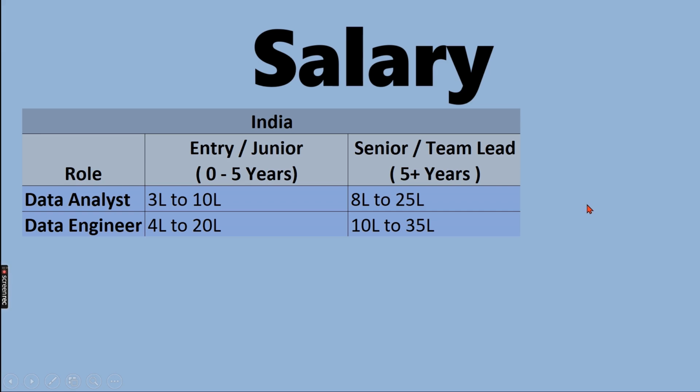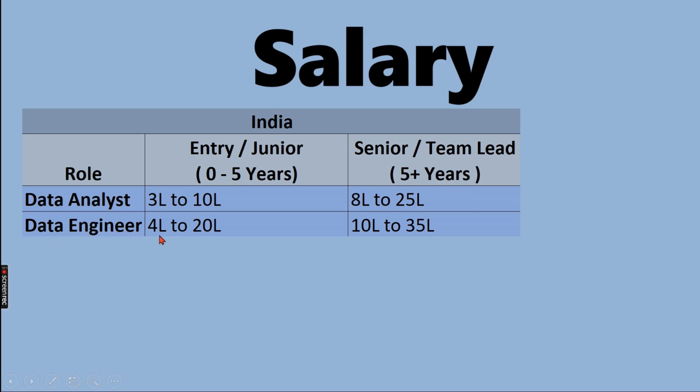Let's start with the salary, because you should know what salary you're going to get in this field. If you are from India, a data analyst at entry level will get somewhere around 3 lakhs to 10 lakhs, and a senior member, who most probably will become a team leader, will get around 8 lakhs to 25 lakhs.